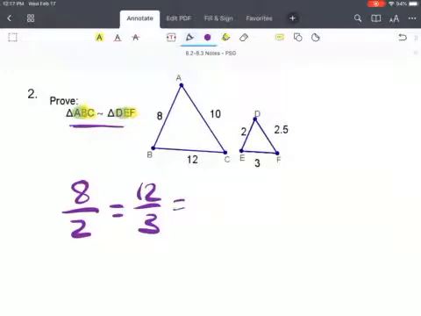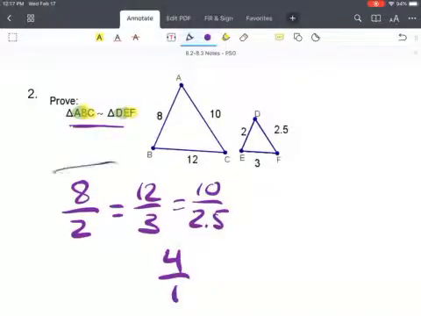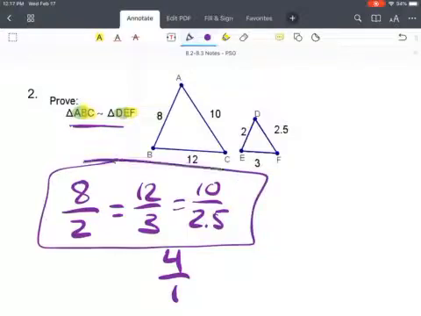And then the last two sides, which would be 10 and 2.5. And so are all three of these ratios similar? They all reduce to 4 over 1. And so because all three of these sides have equal ratios, or they are proportional, then they would be similar by side, side, side.